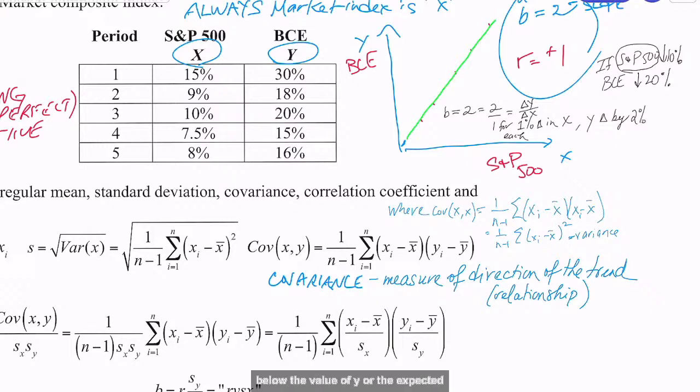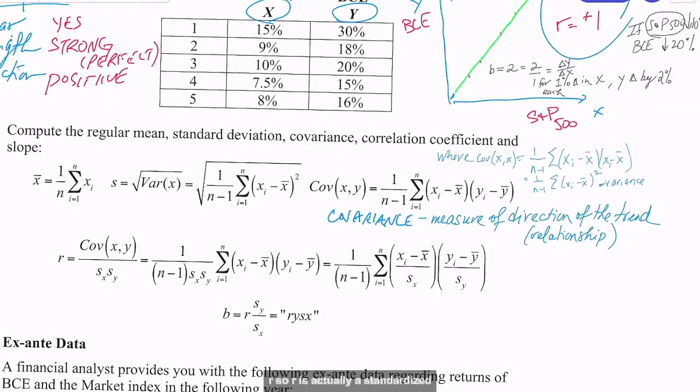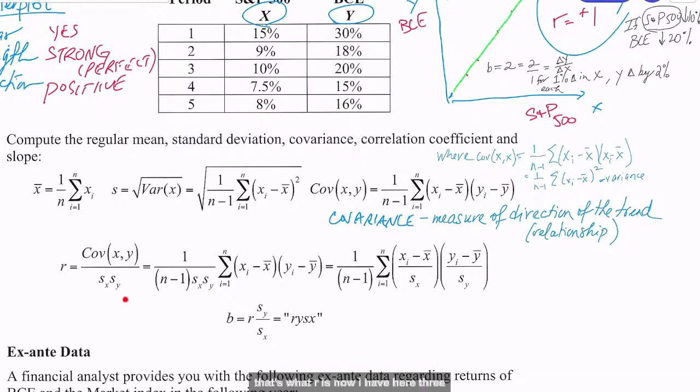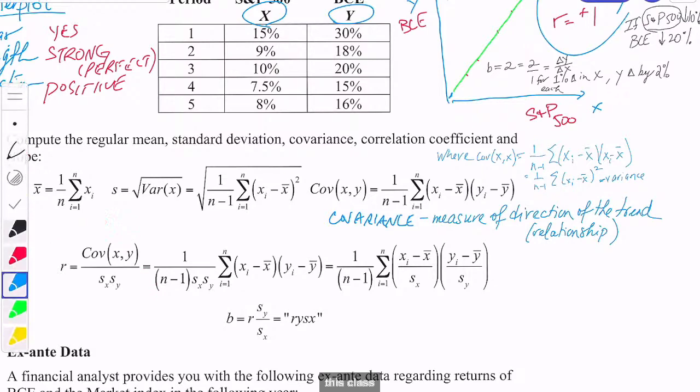Is that much below the value of y or the expected value of y? So to do that, we standardize this value to get R. So R is actually a standardized covariance. That's what R is. Now, I have here three different ways you may have seen R in the past, but this is the one we're going to use mostly in this class.